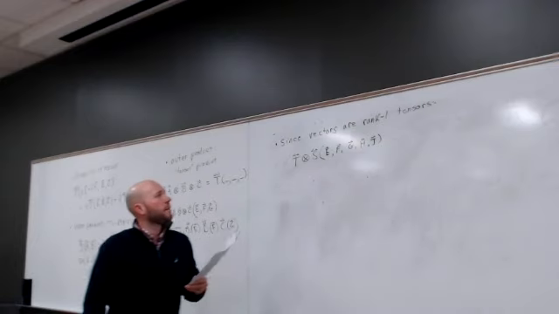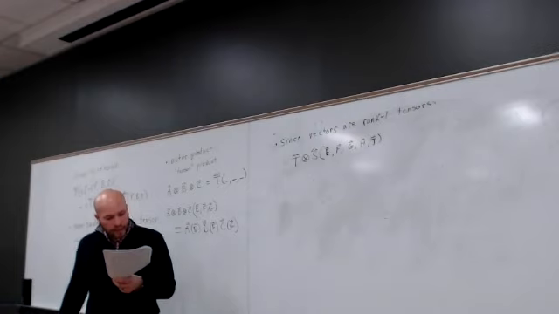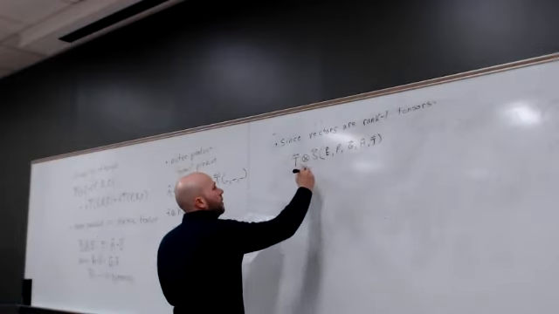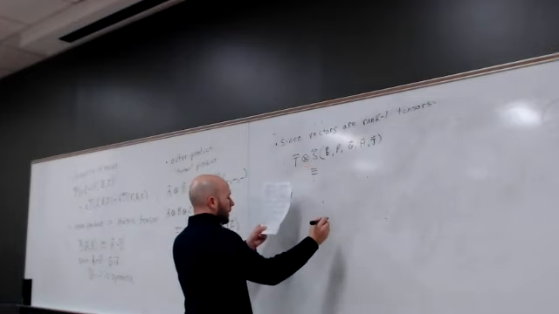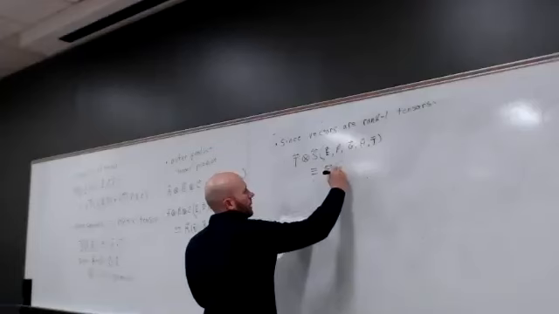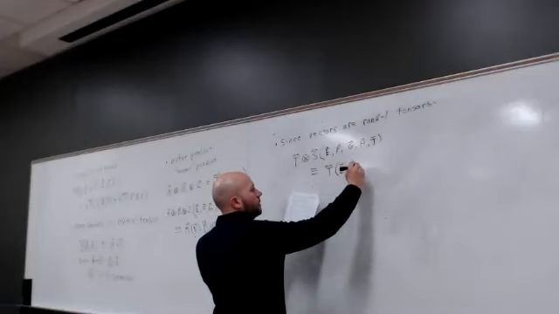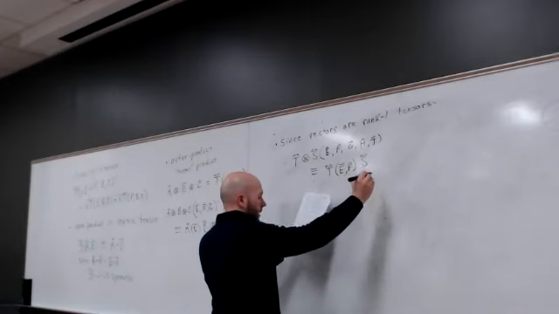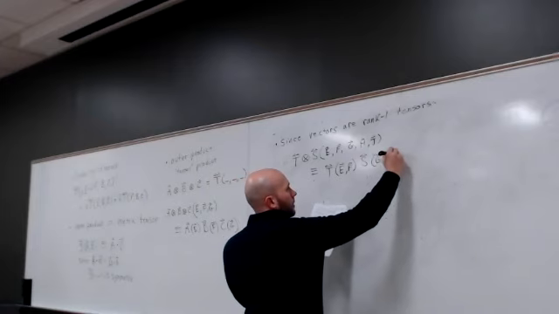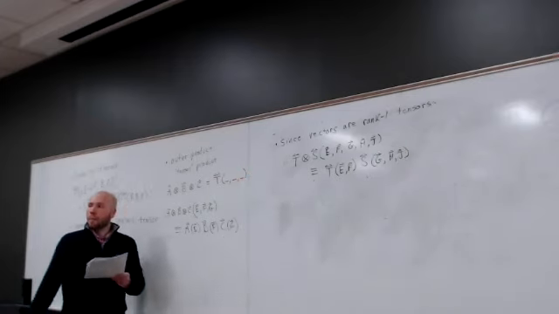Okay, so I've taken these 2 tensors, I've tensor producted them together to create a higher rank tensor, and that then is defined to be tensor T operating on E and F times tensor S operating on G, H, and J, just like that. And that gives me a scalar, right?